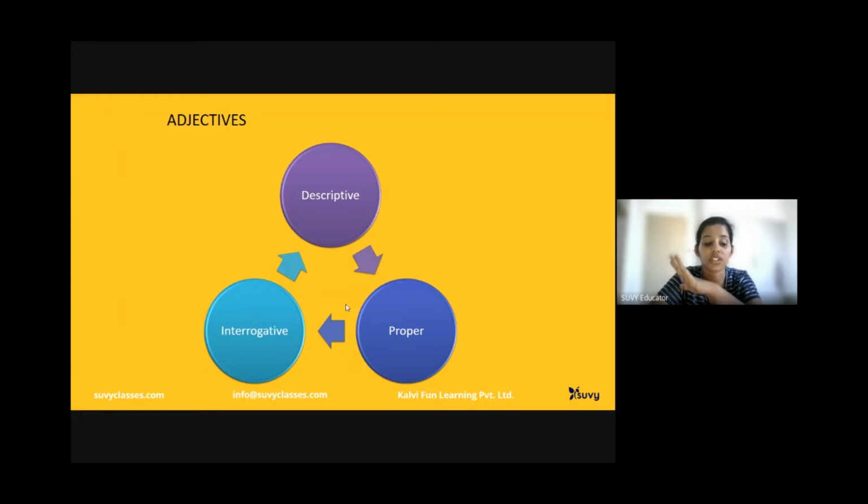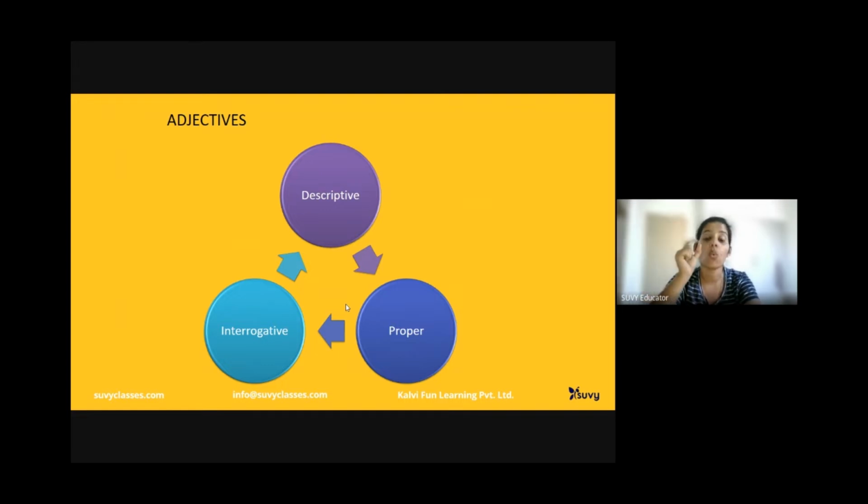Now, interrogative. Interrogative, as the name suggests, is questioning. So when there is a question word, like what, which, whose bag is this? Now you are asking about the bag. So whose becomes the interrogative adjective. What color shirt are you wearing?